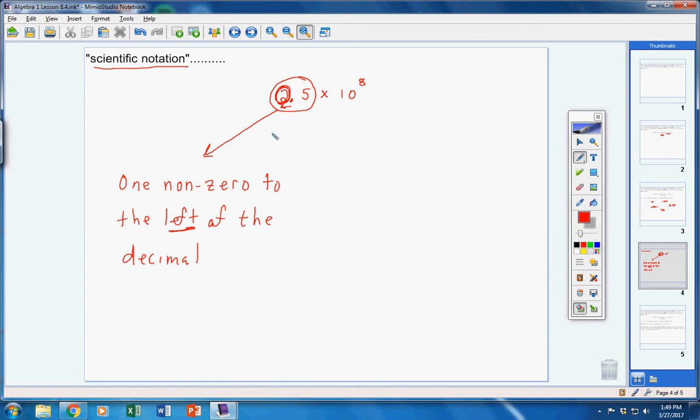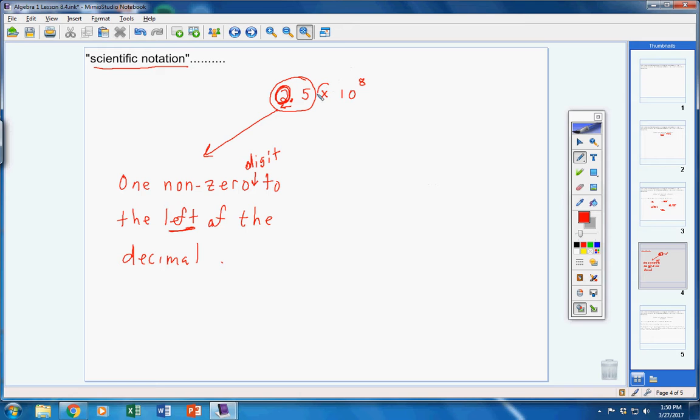You must have a non-zero number. I should have put 1 non-zero digit. Sorry about that. I apologize. There we go. 1 non-zero digit to the left of the decimal. Alright? You must have that, or you don't have scientific notation.